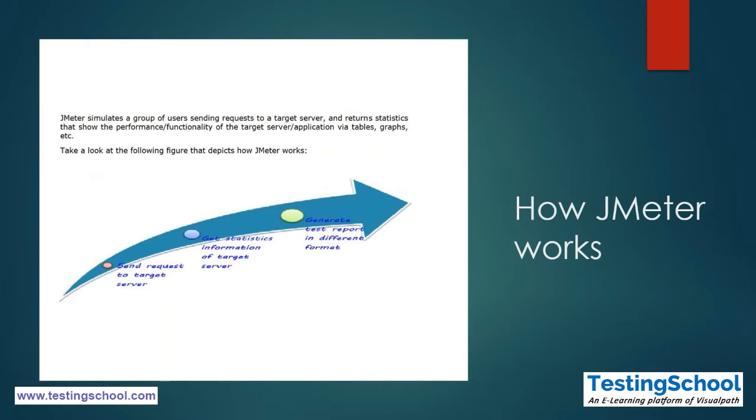What JMeter does is, it sends the request from the system where JMeter has been installed to the target server, that is the application under test server, and gets the response from this server. It gets all the statistics from the response, gathers all the information and shows you as a report via different kinds of listeners.